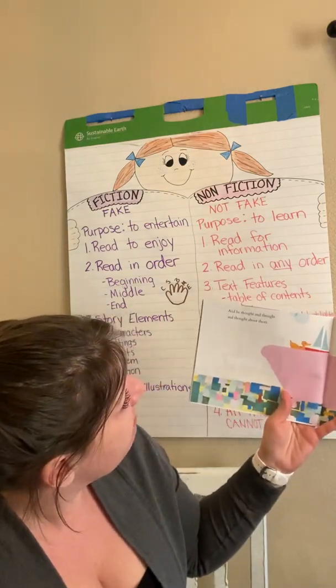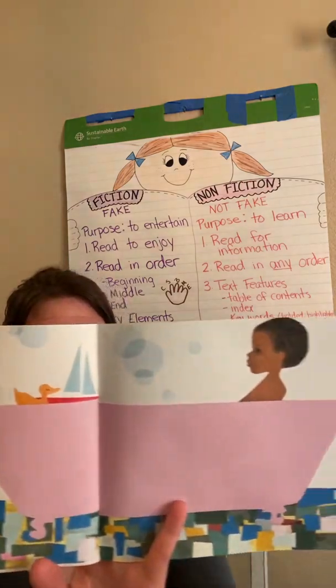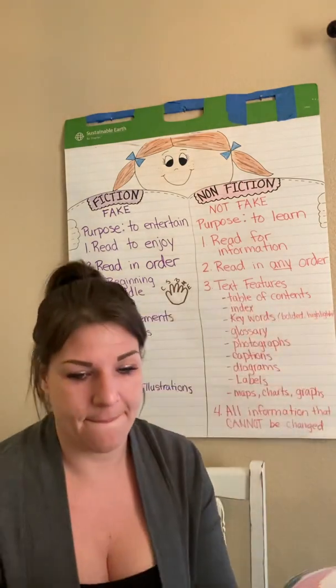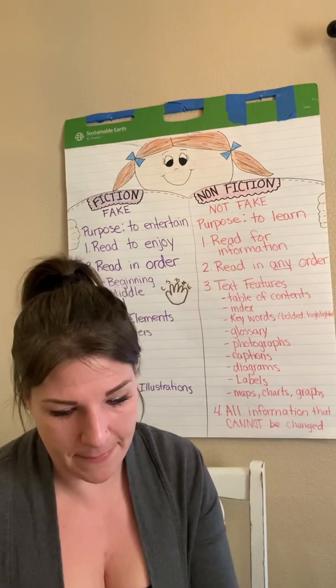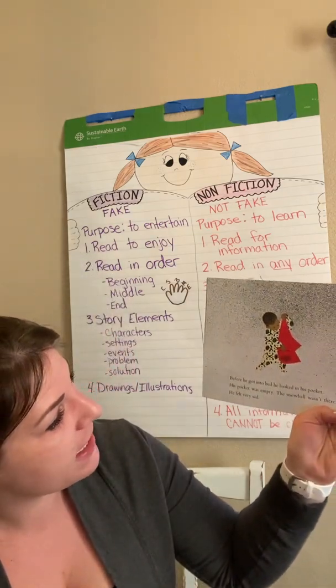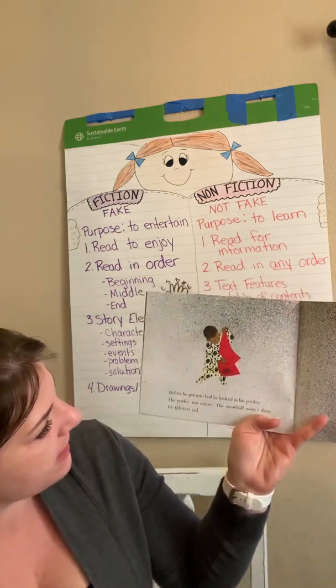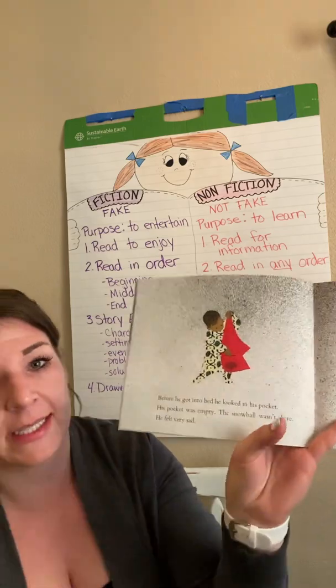And he thought and thought and thought about them. Before he got into bed, he looked in his pocket. His pocket was empty. The snowball wasn't there. He felt very sad.